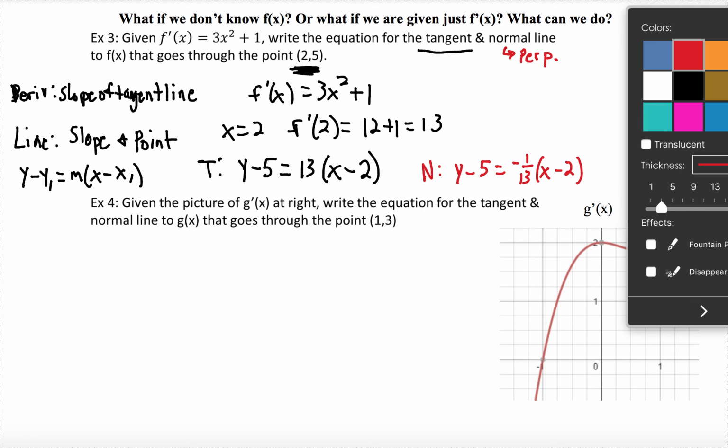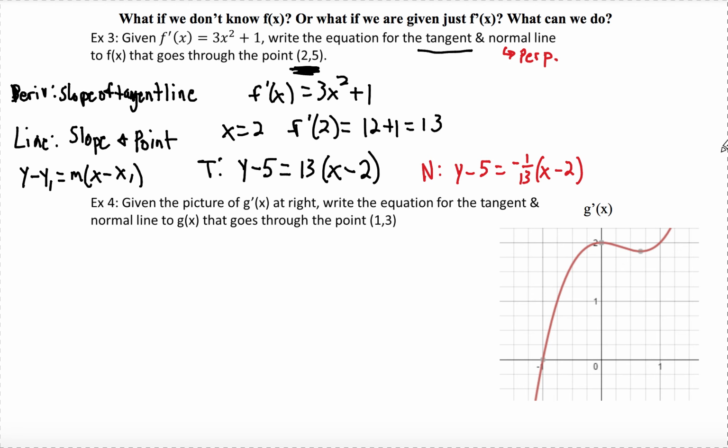Now if you're like, Markwalter, I need a visual for this, let's sketch one real quick. Basically what we're saying is that we have some function here, and it goes to the point 2, 5, right there. We use the derivative to define the slope of the tangent line that passed through there, and then the equation of the tangent line that passed through the point 2, 5.